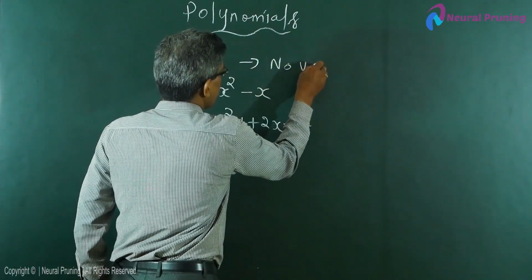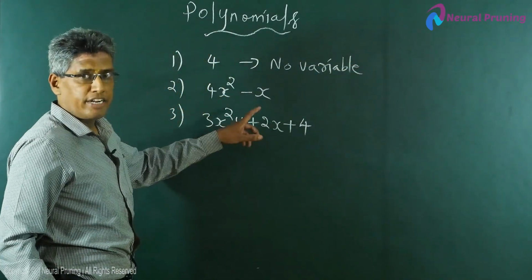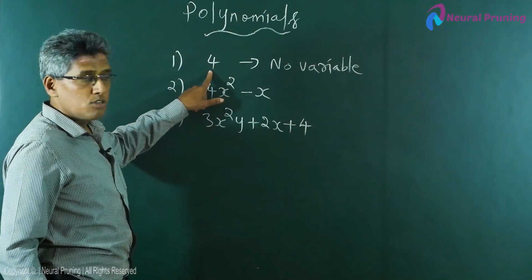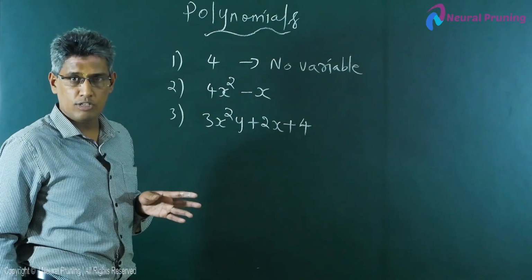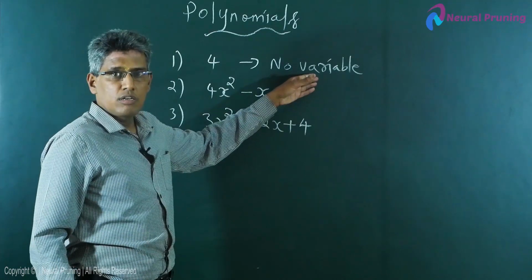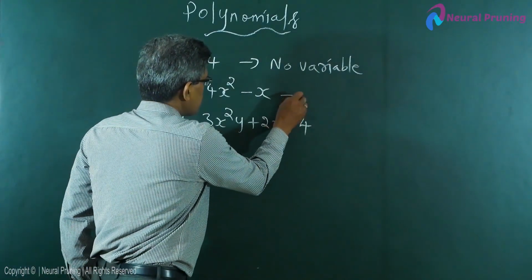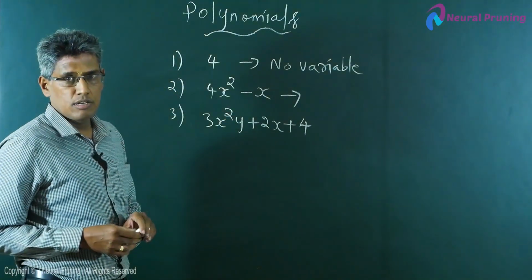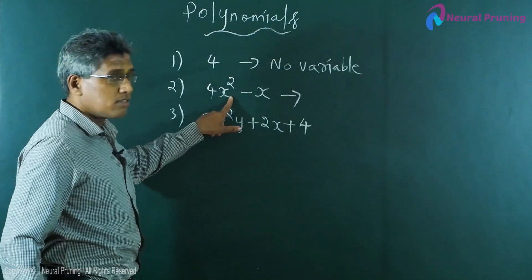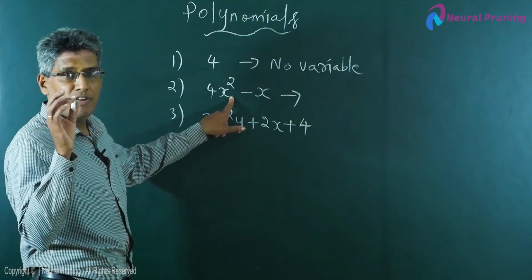So there is no variable that we find in this particular example. This is an example of a polynomial with no variable at all, so it still qualifies to be called a polynomial. In the second example, 4x square minus x, we find that this polynomial is a polynomial in terms of x.